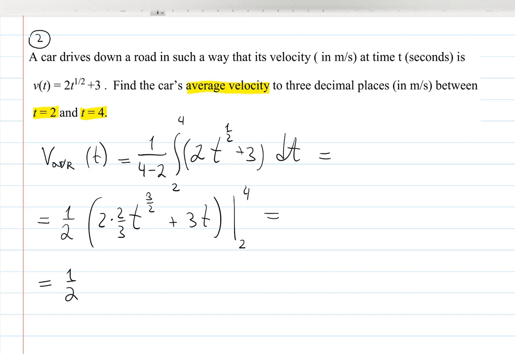I will have 1/2 in front, and I'll have 4/3. Then I'm plugging the upper value, which is 4, raised to the 3/2 plus 3 times 4, parentheses, minus. Be very careful.